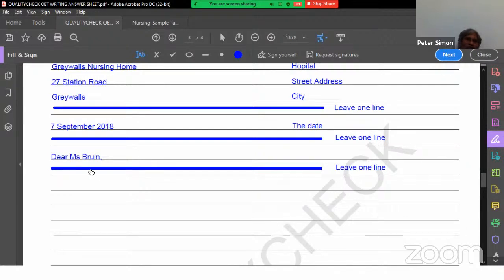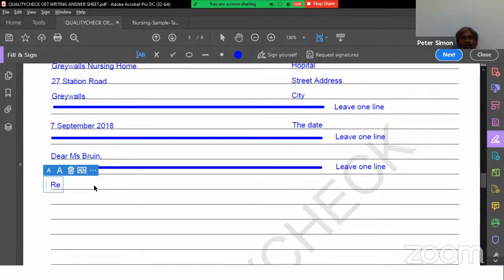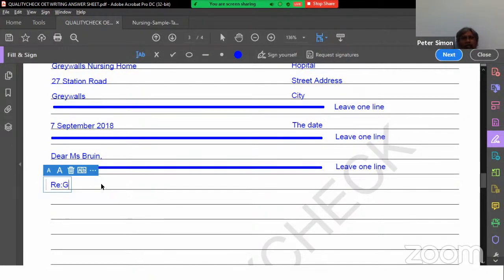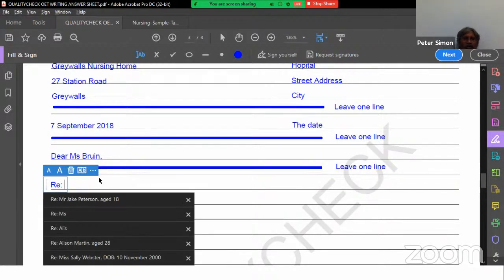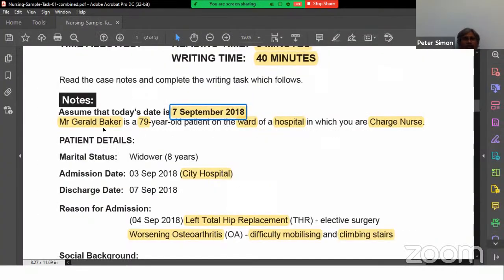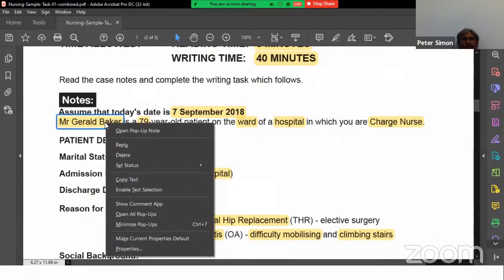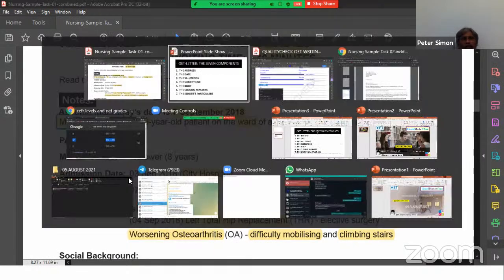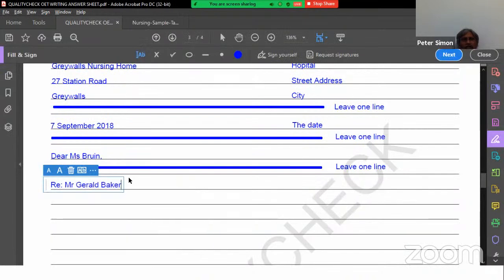So now we are supposed to write the regarding line. Immediately colon. Regarding. Immediately colon. So regarding, whom you are writing about. You are writing about Gerald Baker. Here you will copy the text and paste it here.